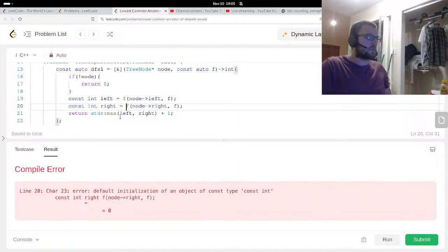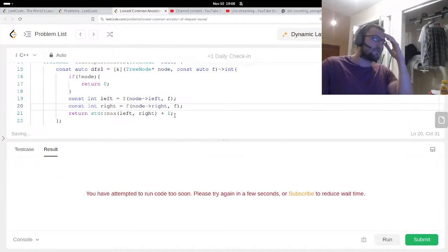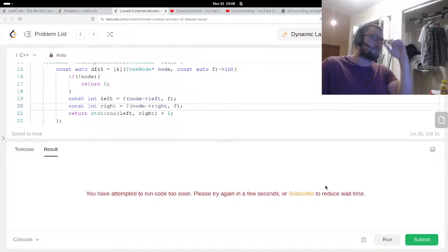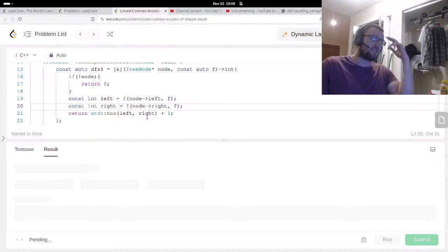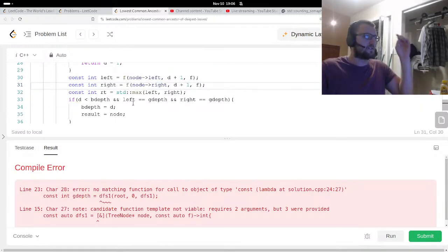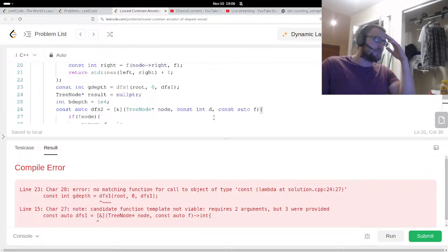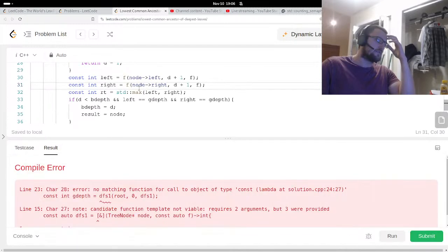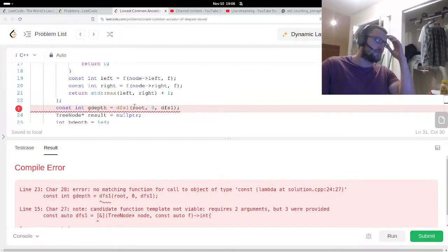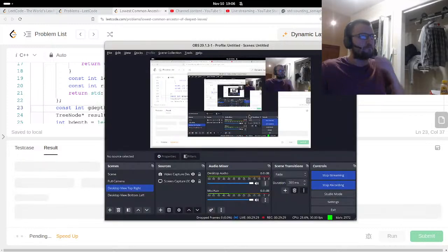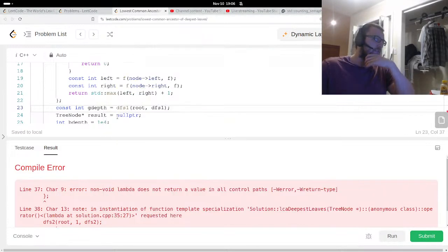Oh, got it. 1, 2, 3, 4, 5. Okay. I did the same mistake twice. 1, 2, 3, 4, 5. Wait, I don't need the 0 here. Yeah, going through this pretty slow.